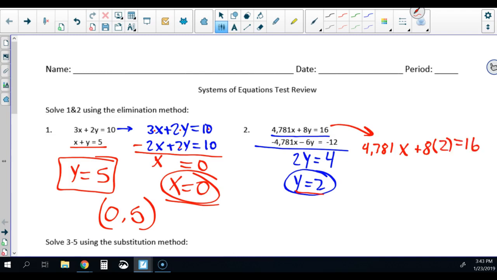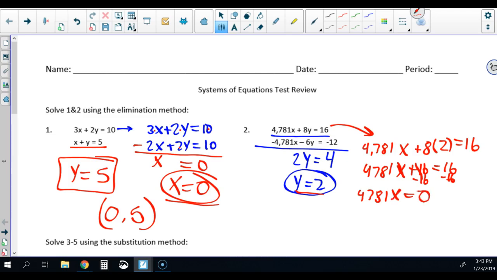We can solve that for x. Well, I know 8 times 2 is 16, so 4,781x plus 16 equals 16. Isolate the x here, minus 16 from both sides. 4,781x equals 0.